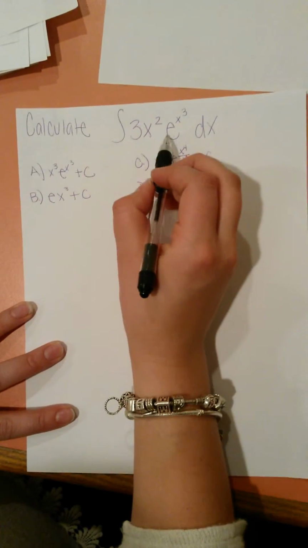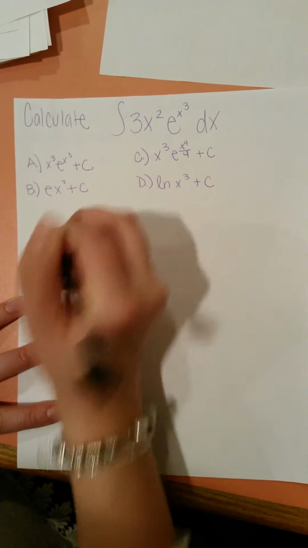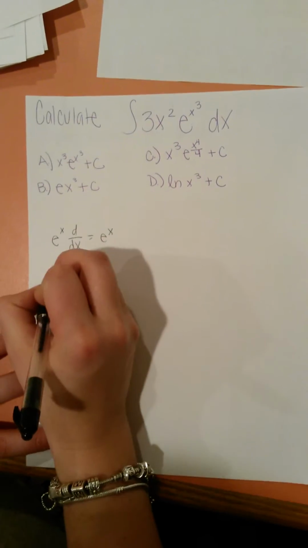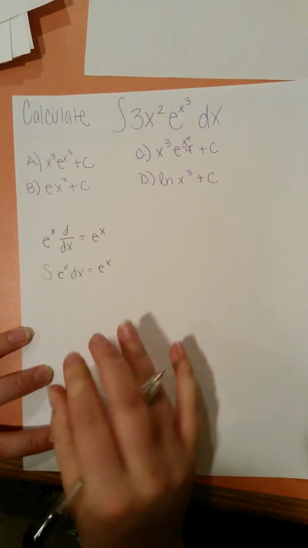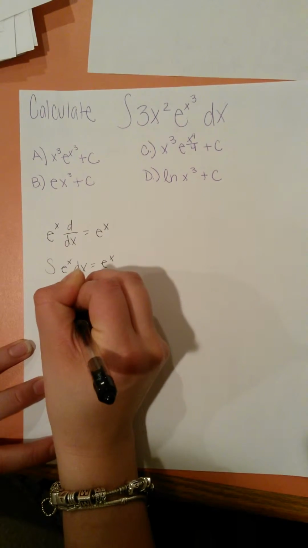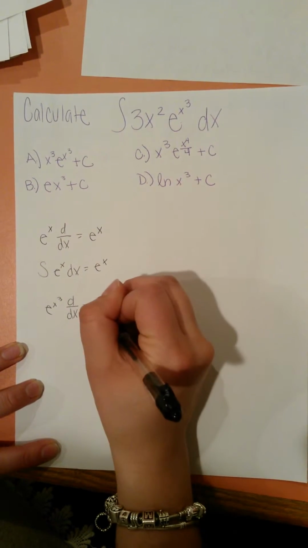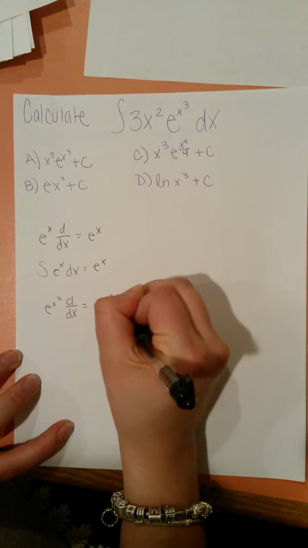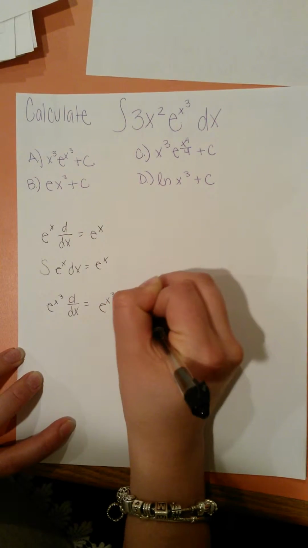To start with, if we're talking about just e to the x, the derivative d dx of that is just e to the x. If we take the integral of e to the x dx, we get e to the x. But if we take d dx of e to the x cubed, we do the chain rule: e to the x cubed doesn't change, and then we need the derivative of x cubed.